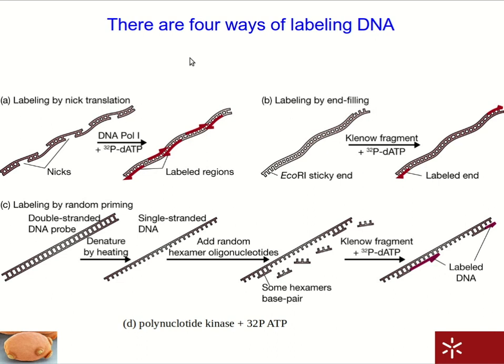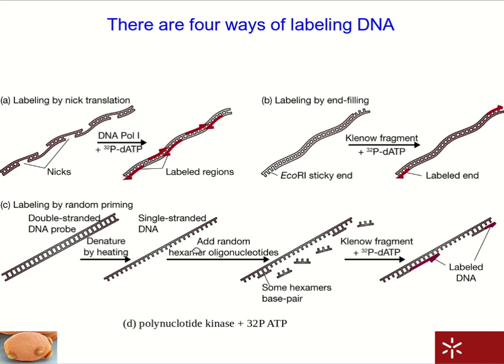Single-stranded regions of DNA, in this case, in method A, can be repaired by radioactive nucleotides and the DNA polymerase, or single-stranded ends of the molecule, generated in this case by a restriction enzyme, can be filled in by the same method.